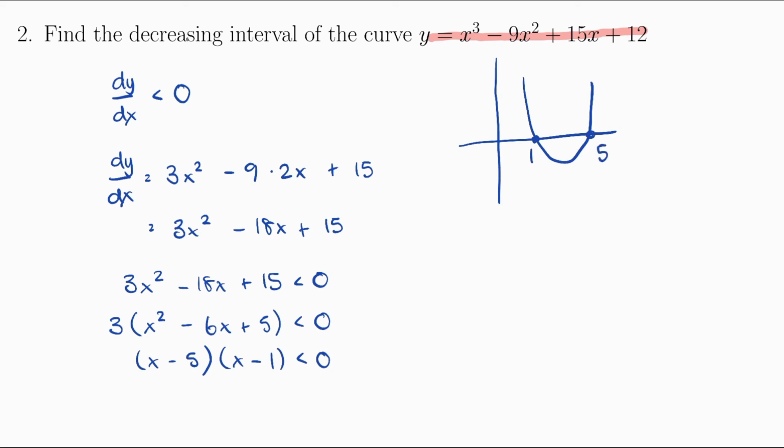Since the inequality is when it's less than 0, we can see that x has to be between 1 and 5, which means that the decreasing interval of the curve y equals x cubed minus 9x squared plus 15x plus 12 is when the x coordinates are between 1 and 5. We can write this out as 1 less than x less than 5.